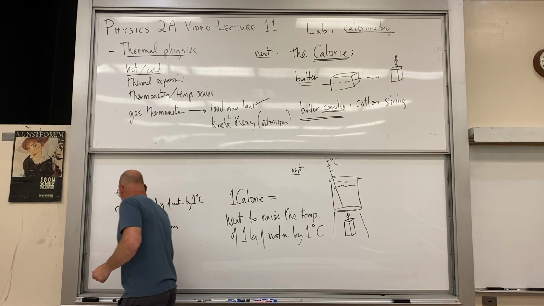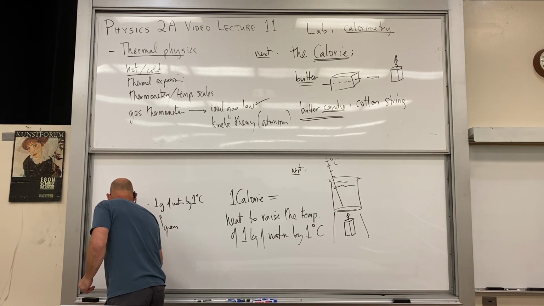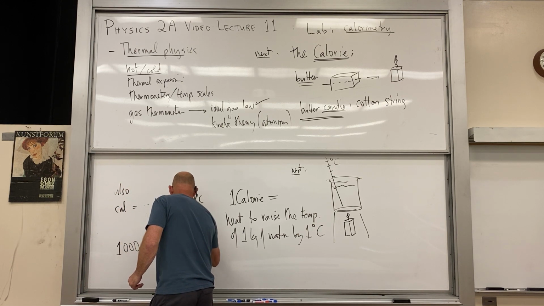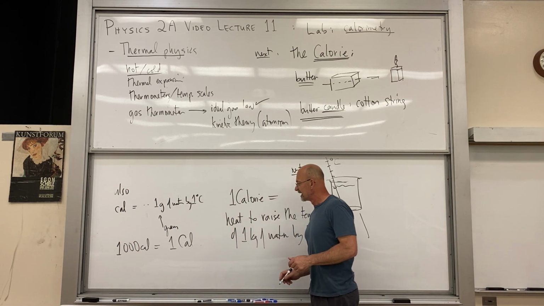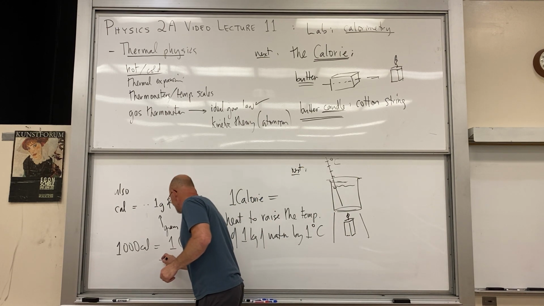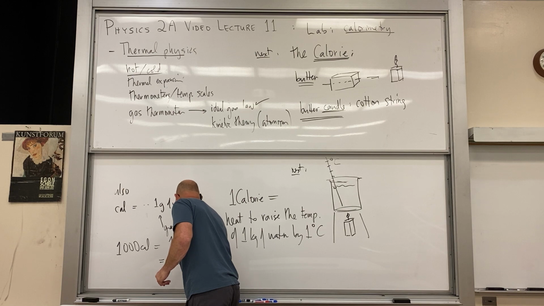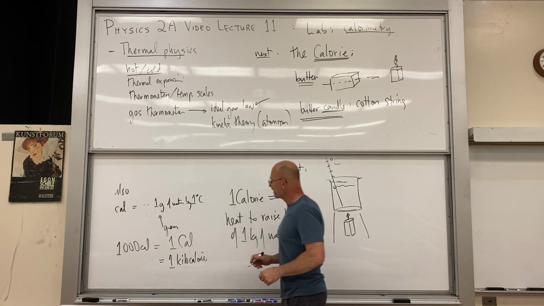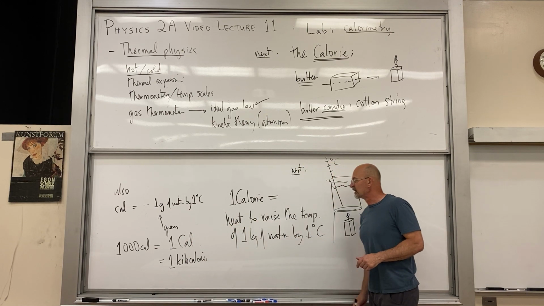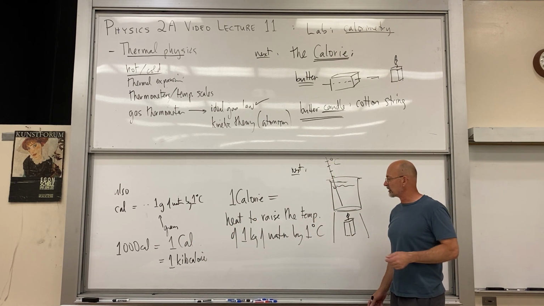So because of that, we can say 1,000 calories equals 1 uppercase C calorie. And this would also be referred to as a kilocalorie, equals 1 kilocalorie. But the uppercase one is the actual food calorie, so may as well memorize that definition with the food calorie.